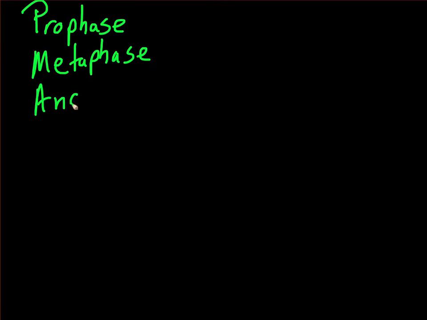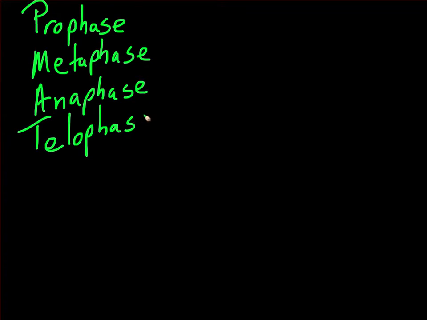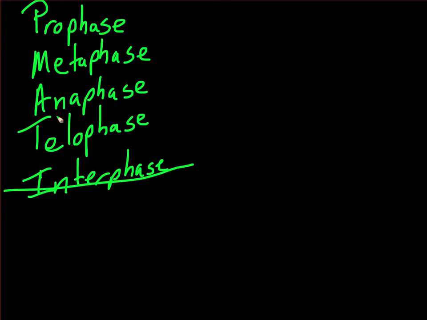Anaphase. And telophase, which will bring us to interphase. And interphase just means it's between cell divisions, that it's not dividing and it's going through its daily activities. Okay, so we're going to concentrate on these four.